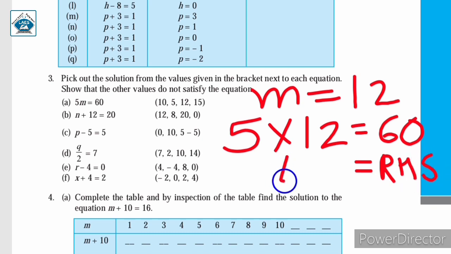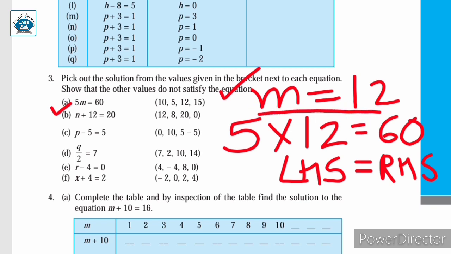So here we can say that LHS is equal to RHS. Therefore the equation is satisfied. That is, for m is equal to 12, the equation is satisfied. That is, m is equal to 12 is the solution of the equation 5m is equal to 60.